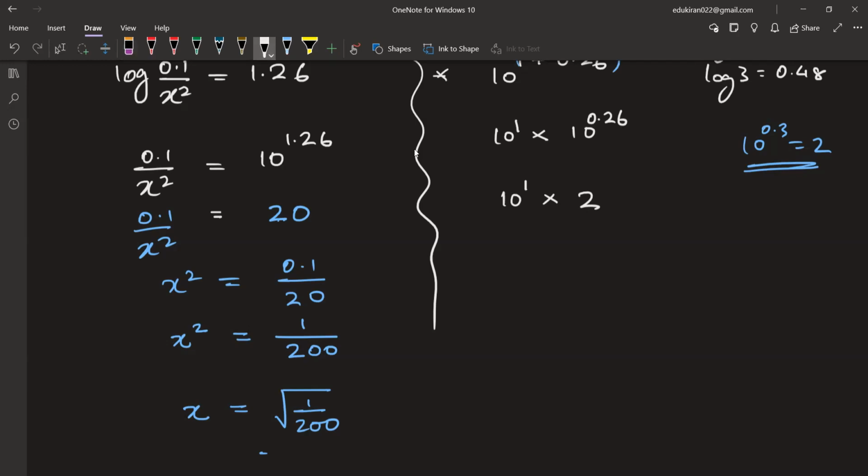Got it? No. अरे you can send x square to that side, and 20 when it comes to the left hand side, it will be in the denominator, right? Got it? No, but where did 20 come from? ओ ये 10 to the power 1.26 था, तो इसको हमने सॉल्व किया था ना, 10 to the power 1 into 2 आया था, so this is equal to 20. Okay. Got it?